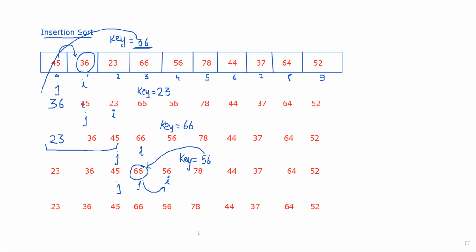Here, instead of 66, won't 56 come in the lower line? Yes. Those changes I have not done, right? 23, then 36, then 45. Then I have done one change: 56 I have inserted here and 66 was shifted over here.